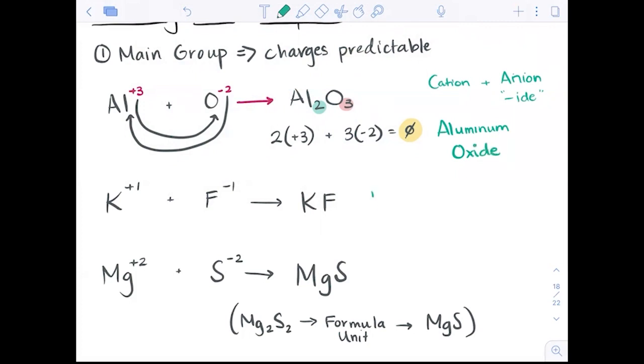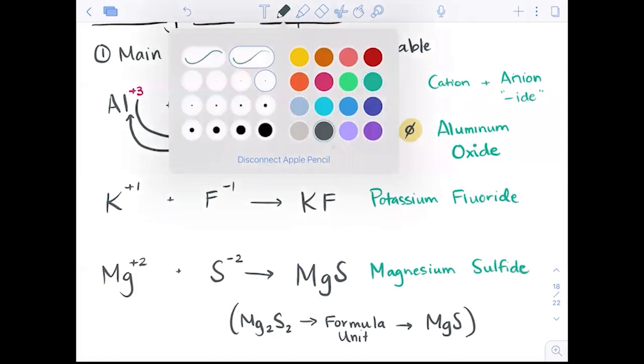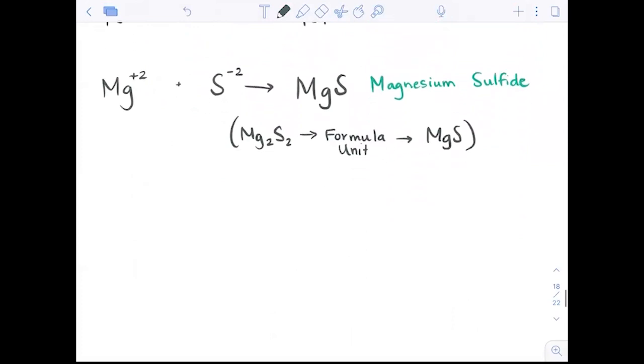KF, potassium fluorine becomes fluoride. MgS, magnesium sulfur becomes sulfide. Excellent. Those are our main groups. Now we don't need to write anything with the charges for those main groups because they're understood.